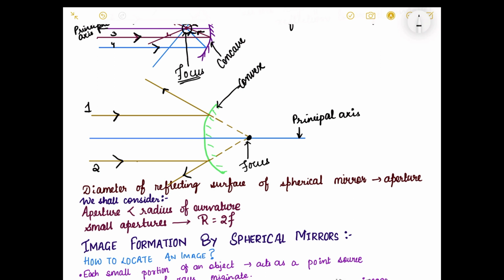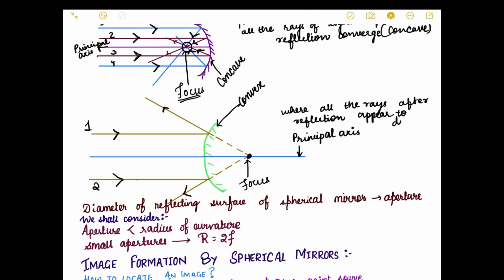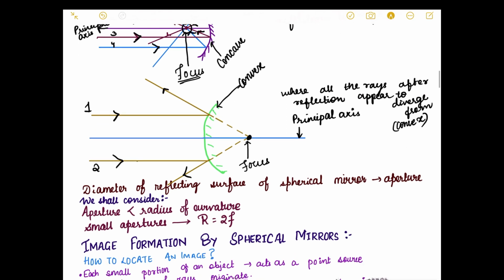So for a convex mirror, the focus is a point on the principal axis where all the rays after reflection appear to diverge from. So this is the definition of focus for a convex mirror.